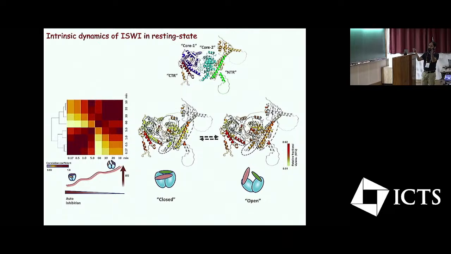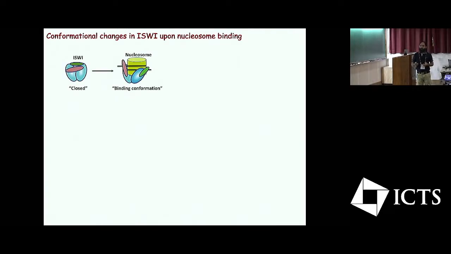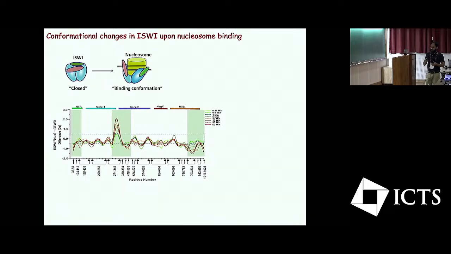Once it opens, it becomes competent to bind the nucleosome. So we looked at what conformational changes occur when it binds, again using HX-MS. Here we are plotting the difference in the uptake of deuterium between the I-switch in the resting state and in the bound state.